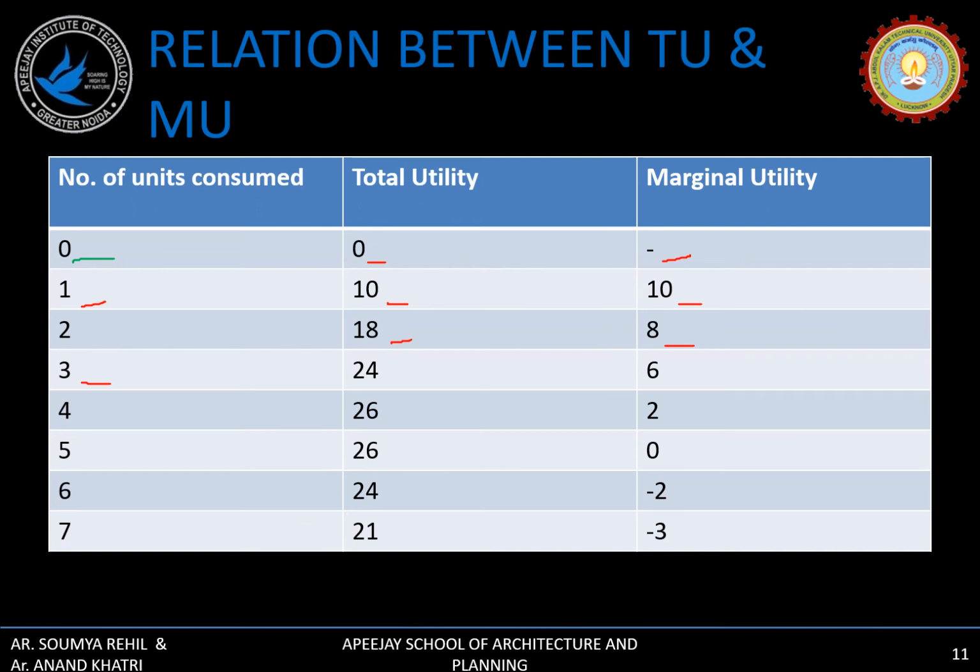Now, as you see, slowly utility for each chapati is decreasing. By the time you have the fourth chapati, the utility for this chapati could be only 2. So this fourth chapati gave you a utility of 2, and your total utility reached only 26.